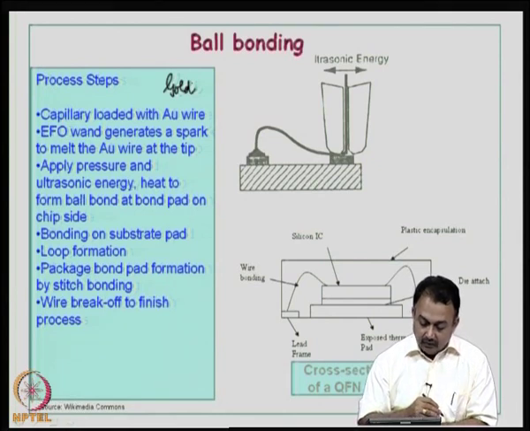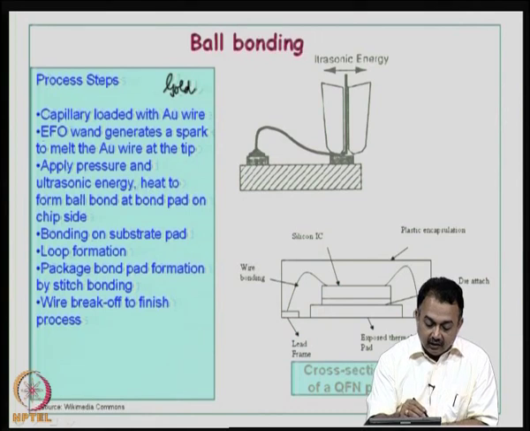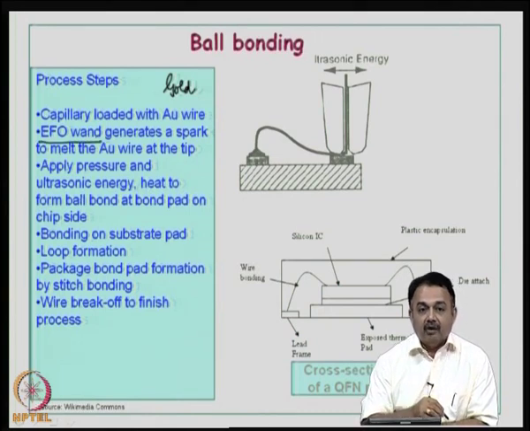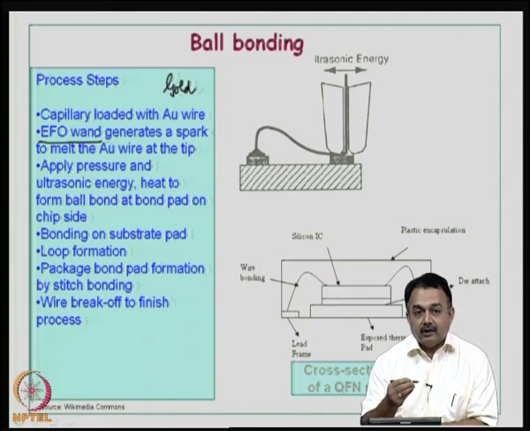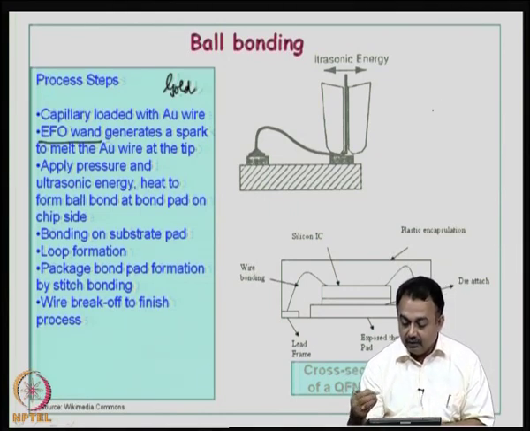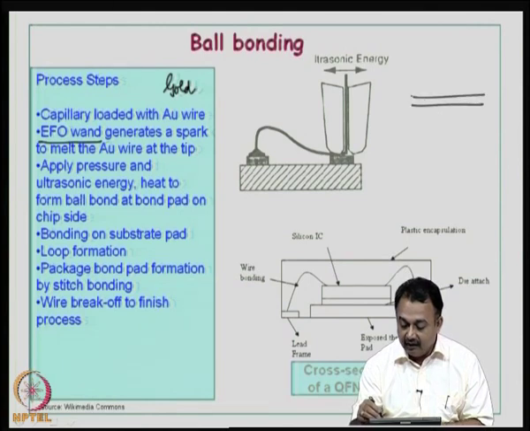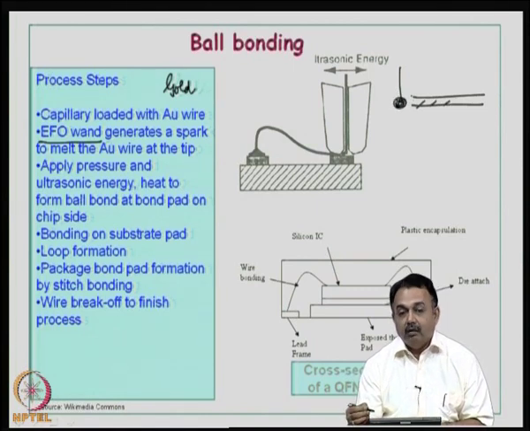Now, you can create an electronic spark. The electronic flame-off wand will generate a high voltage spark that will melt the tip of the gold wire to form a ball. I will show you a video clip which you can understand, but basically there will be a wand and the wire that is coming, and this will melt the wire to form a ball.